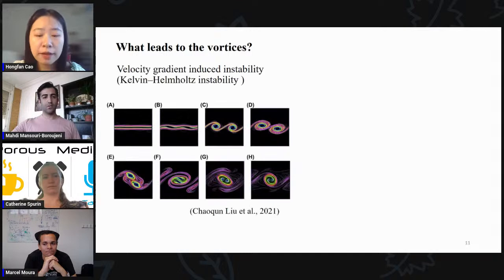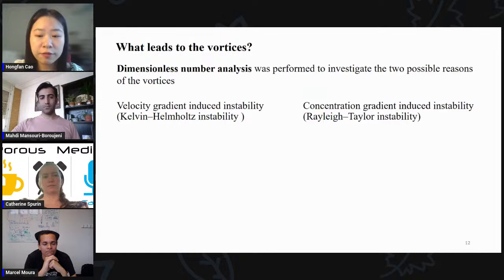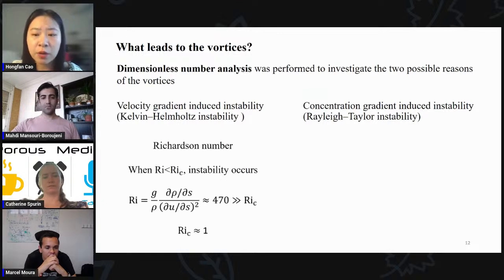A high velocity gradient can cause the instability known as Kelvin-Helmholtz instability, and the high concentration gradient can also lead to Rayleigh-Taylor instability. But what is the reason for the vortices along the rivulet? To investigate the two possible reasons for the vortices, dimensionless number analysis was performed. We calculated the Richardson number of our system, which is the dimensionless number that shows when the Kelvin-Helmholtz instability occurs.